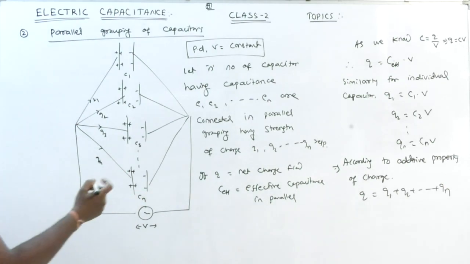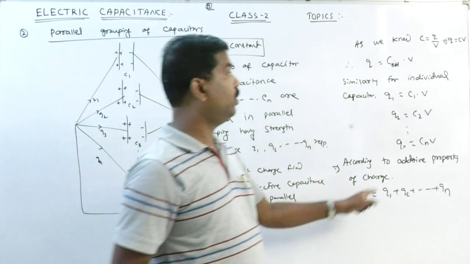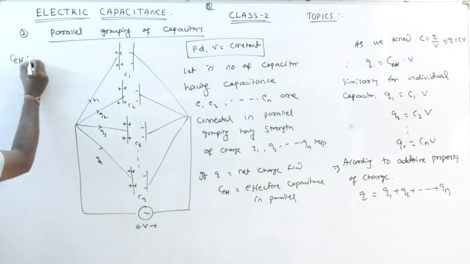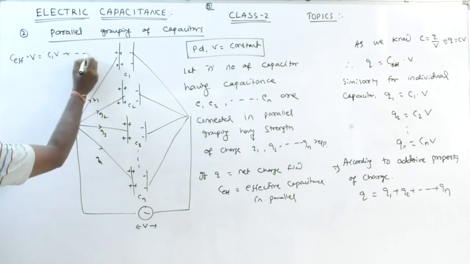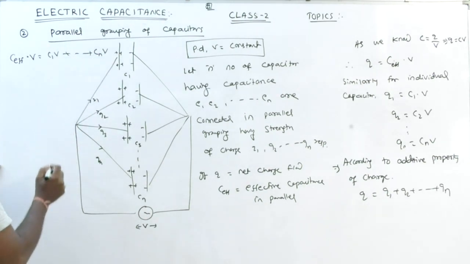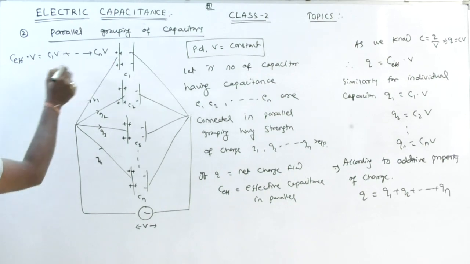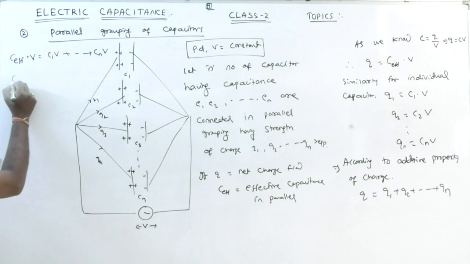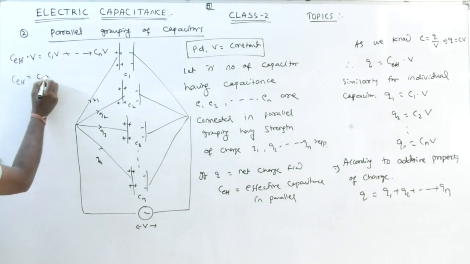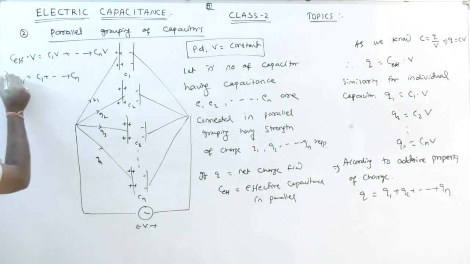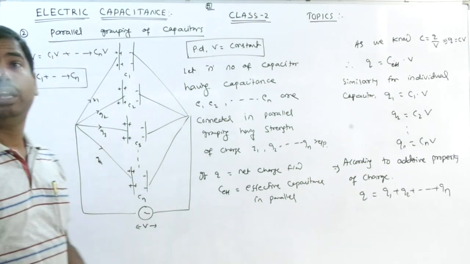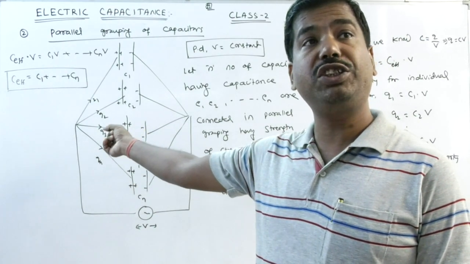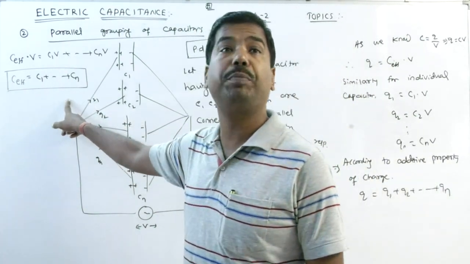Clear? Therefore, instead of Q, I can write C effective into V is equal to C1 V plus ... plus Cn V. By cancelling the potential difference on both sides, as V remains constant in parallel combination, I find C effective is equal to C1 plus ... plus Cn. Hence, I can conclude that in parallel combination, the net effective capacitance is equal to the sum of individual capacitances.